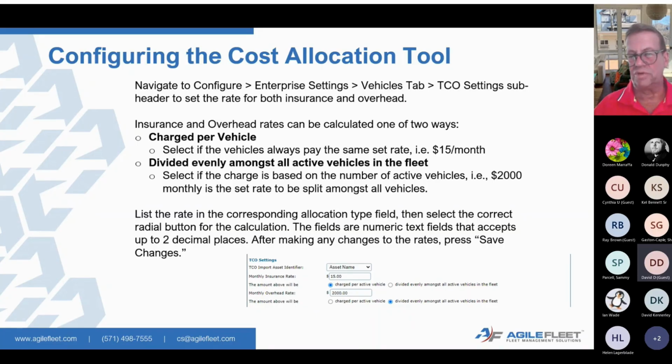You can charge everything active per vehicle. You can charge some active, some divided, and it can vary based on the transaction type. And again, everything is money. So it's important that as you create these defaults in FleetCommander that you click save, to make sure that you are saving the record and can apply the charges.